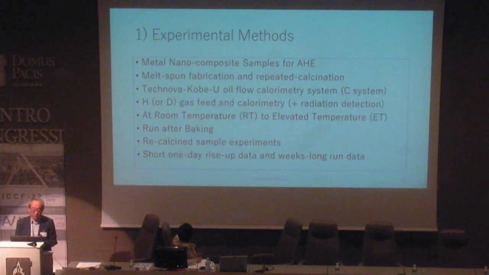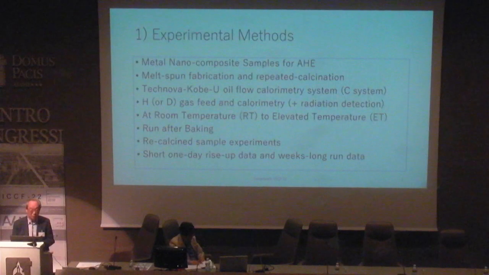And we use the oil mass flow calorimetry system at Kobe University, with ordinary hydrogen or light hydrogen gas or deuterium enriched gas, making calorimetry with some radiation detection, neutron and gamma ray mostly.